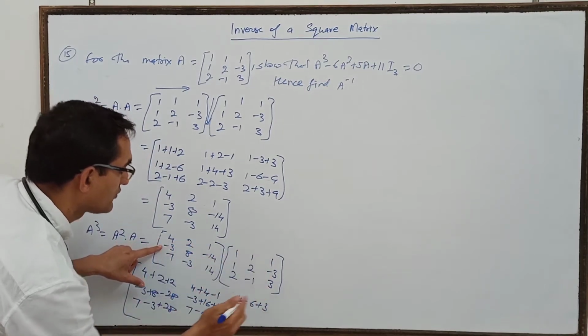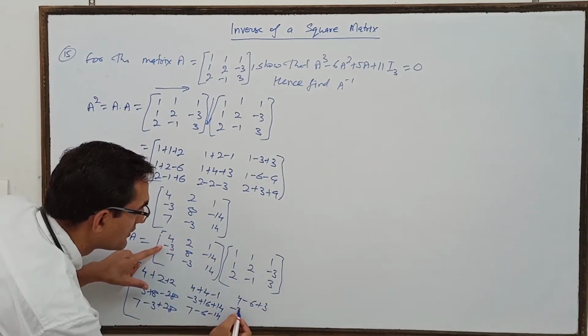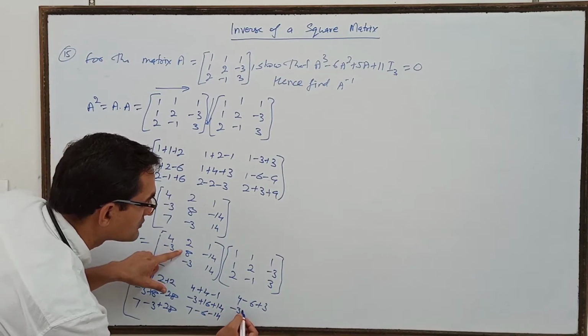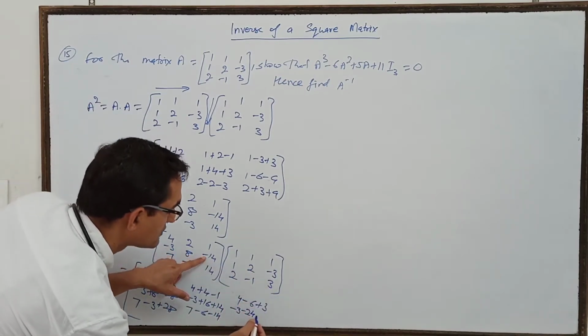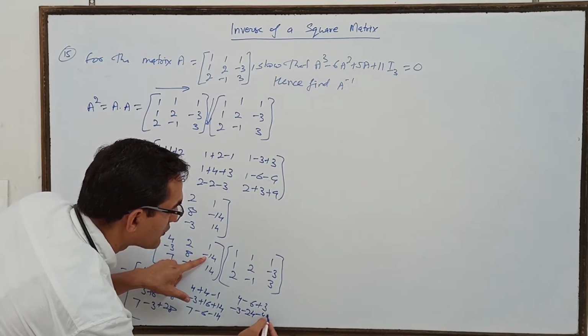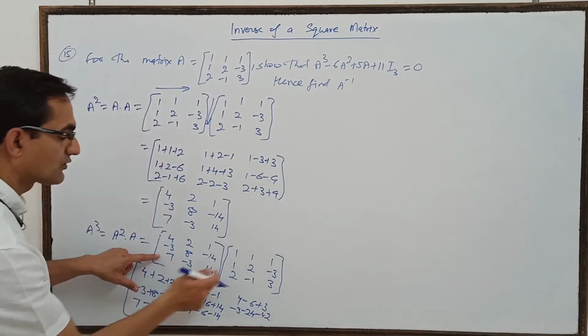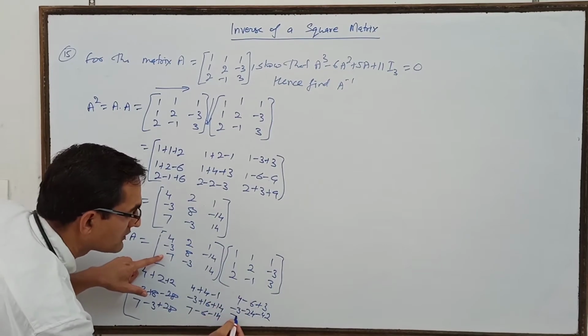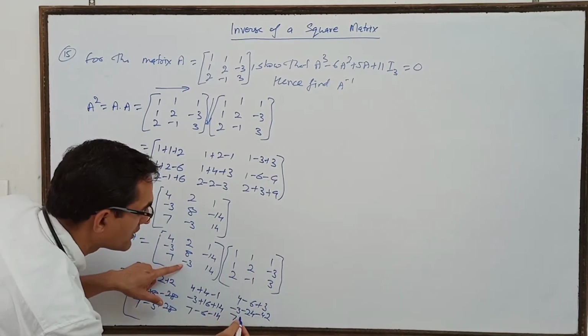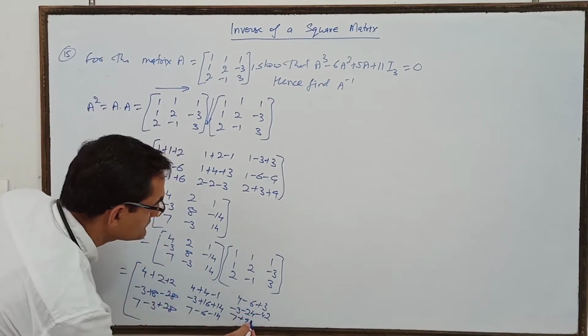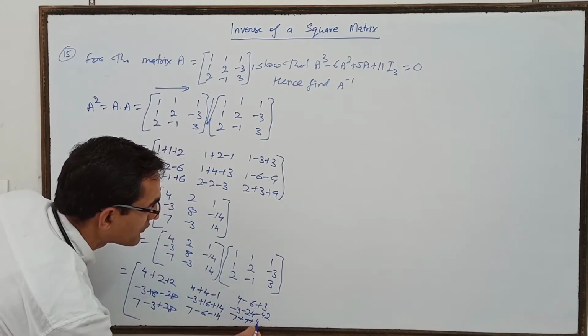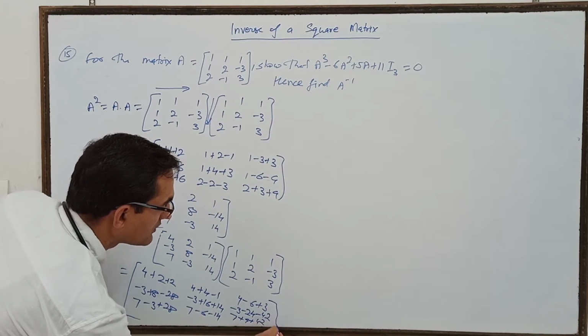Now this row by this column, so minus 3 into 1, minus 3, 8 into 3, minus 24, and minus 14 into 3, minus 42. And this row by this column, so 7 into 1, 7, minus 3 into minus 3, plus 9, and 14 threes are plus 42. Is it clear?